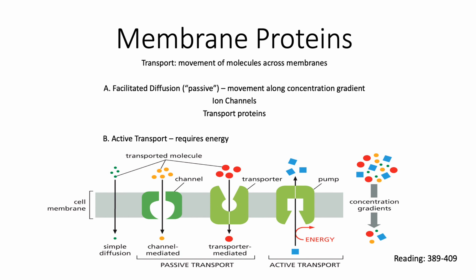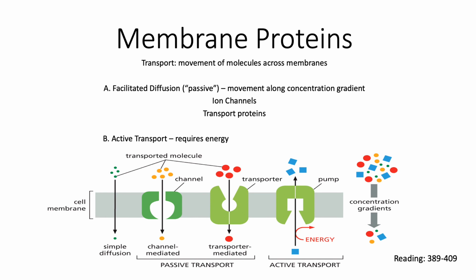It's not actually transport, and it can be millions per second. When we talk about the transporter mediated or the transport proteins, usually it's according to the concentration gradient, but it will only move one or two at a time. So it's more of an active process, but still according to the concentration gradient.